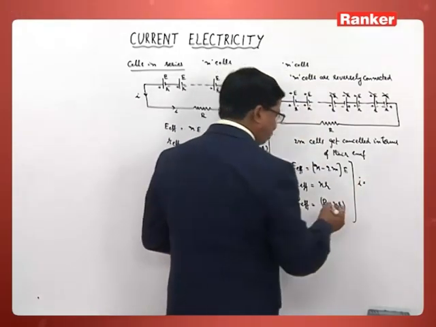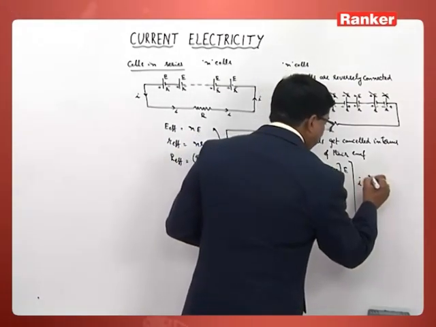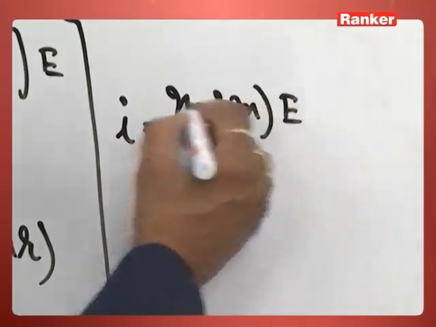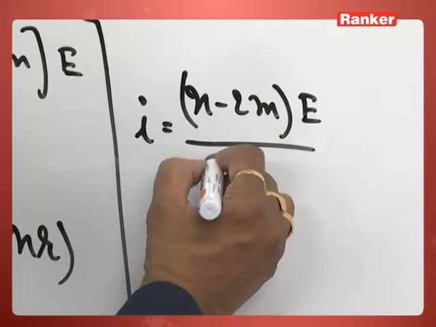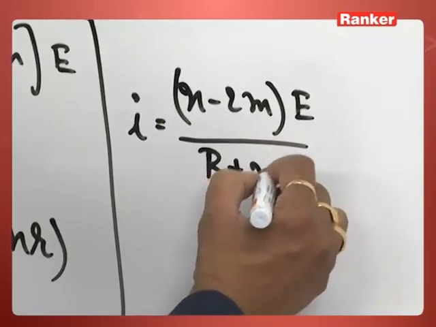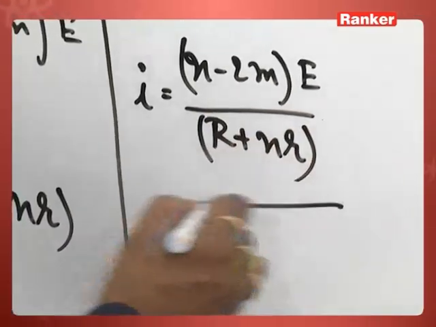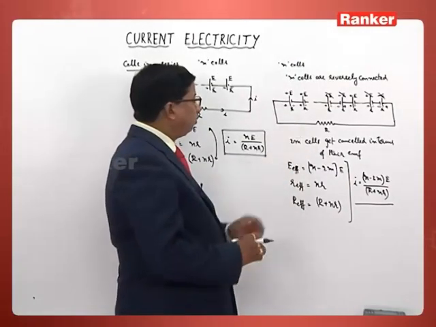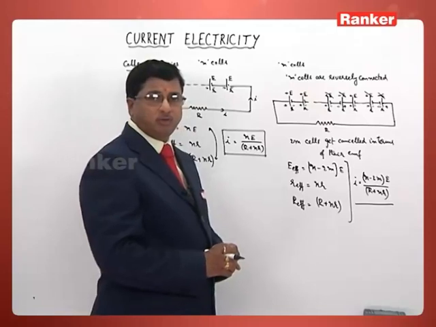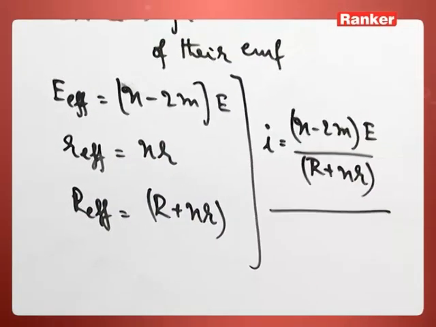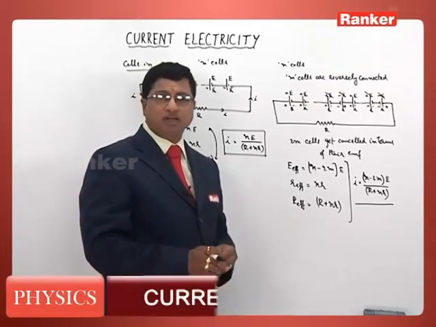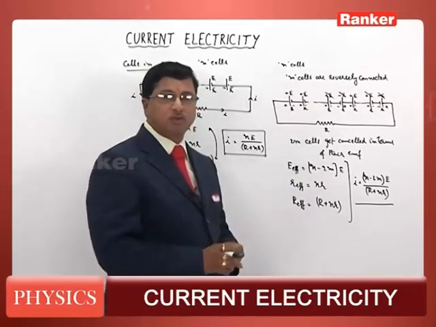Suppose if I ask you, you can say (n minus 2m) into E by R plus nr. So this way we can even calculate the effective current across the system when few cells are reversely connected in this series sequence.